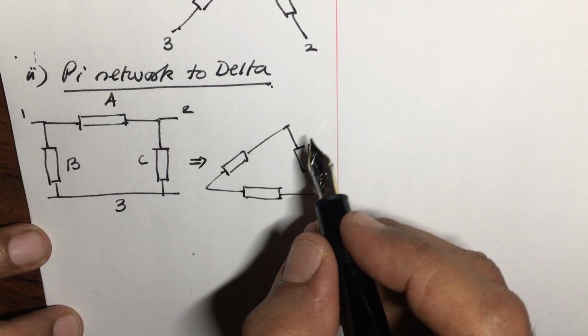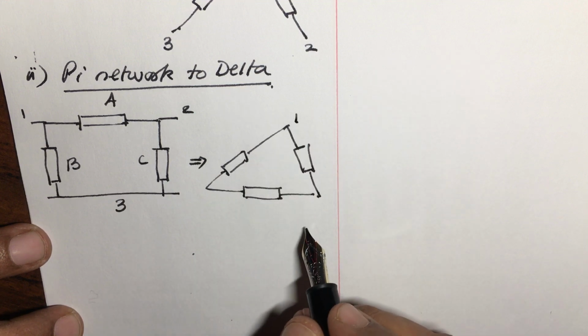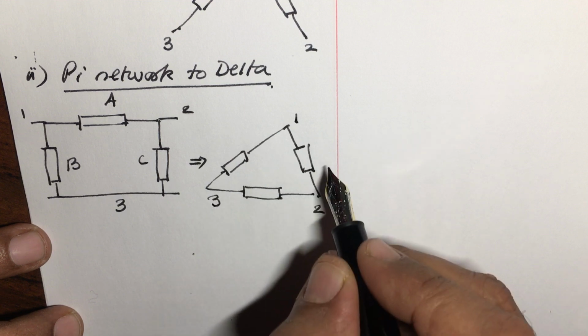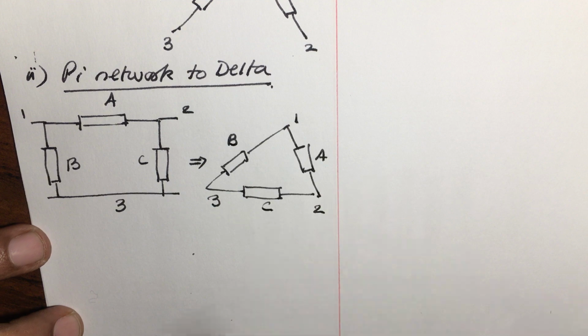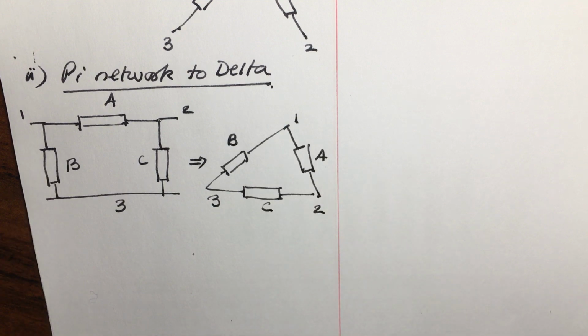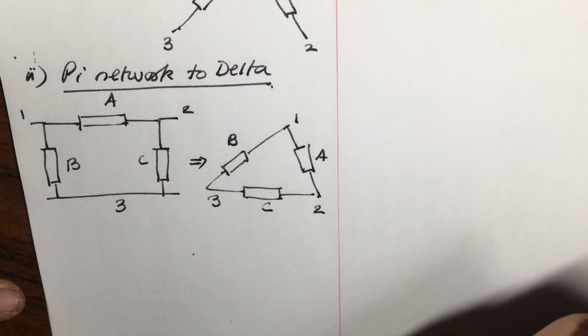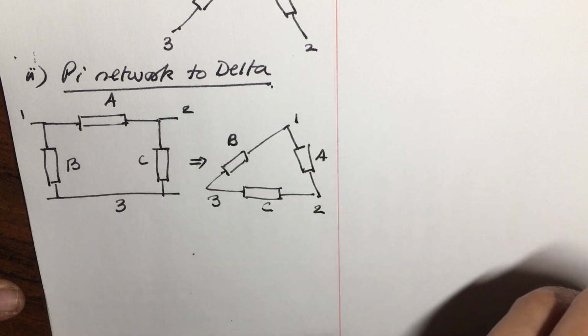Where this will be 1, this will be 2, this will be 3, this will be A, B, and C. Okay, so now we have done the T network to star network, pi network to delta network.